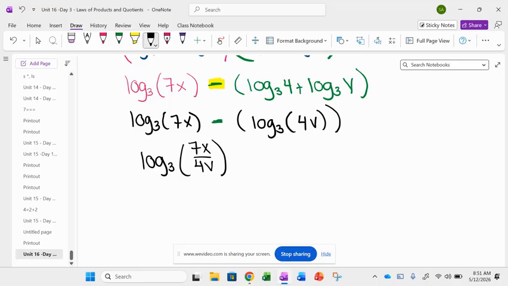Is this now as condensed as possible? Yeah, there's no addition, there's no subtraction. We only have multiplication and division in one log argument.